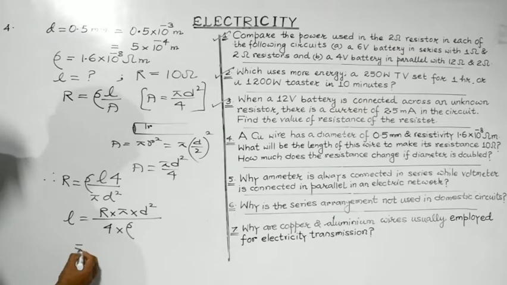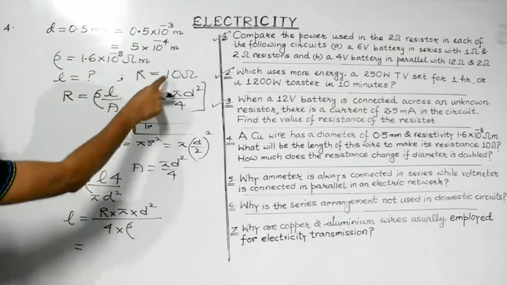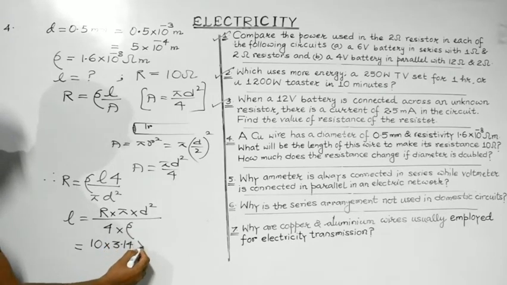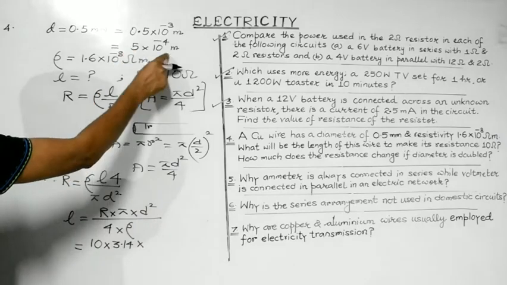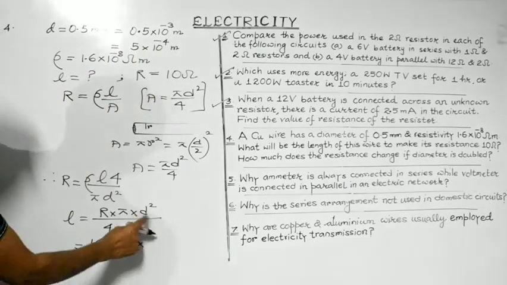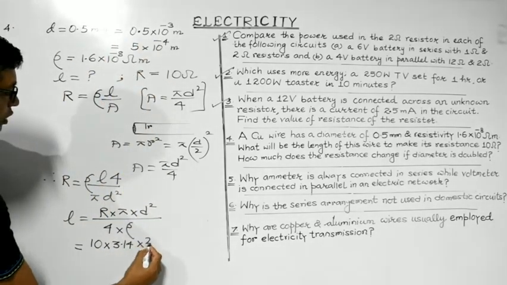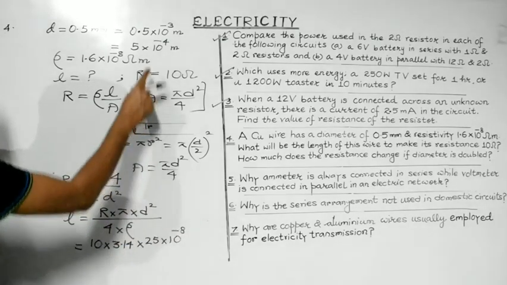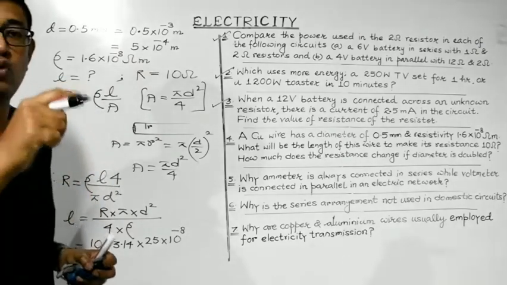So what is the value of R? It's given to be 10. Value of pi is 3.14, or it can be written as 22 by 7. What is D? D is 5 into 10 raised to minus 4. So D square will become 25 into 10 raised to minus 8. It's D square, so 5 into 10 raised to minus 4 whole square.